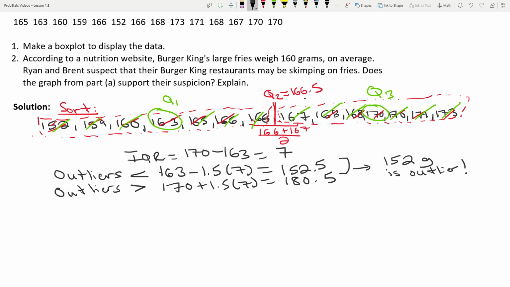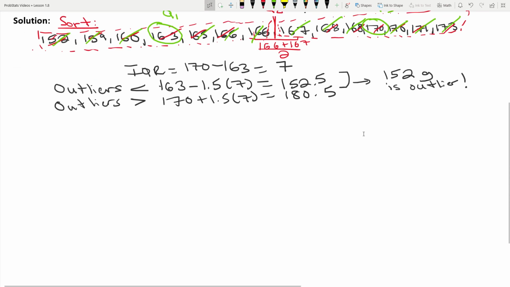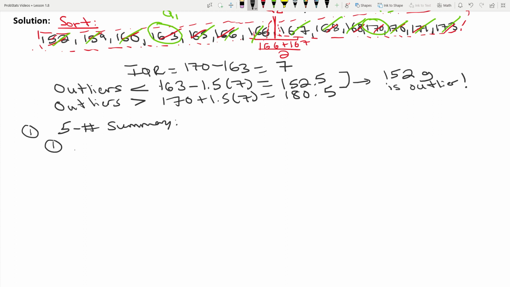Now we can go ahead and start with the box plot. So we're going to draw and label. We're going to find the 5-number summary first. In this case, the minimum is equal to 152.